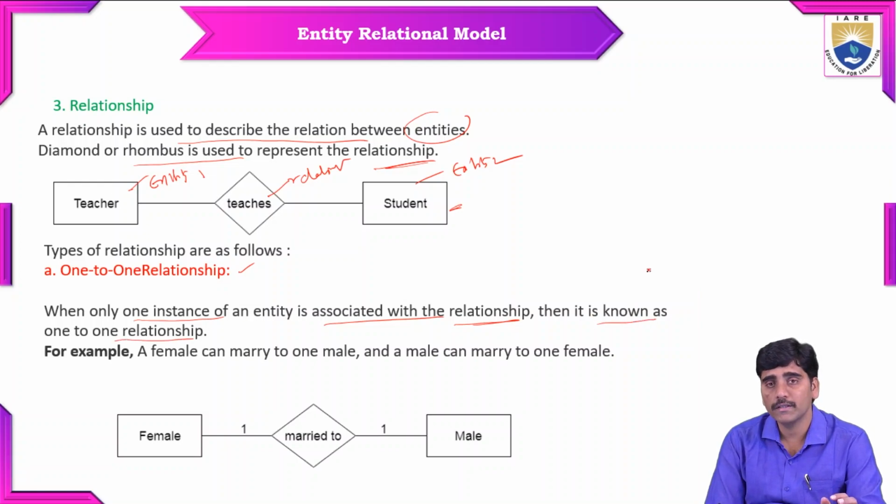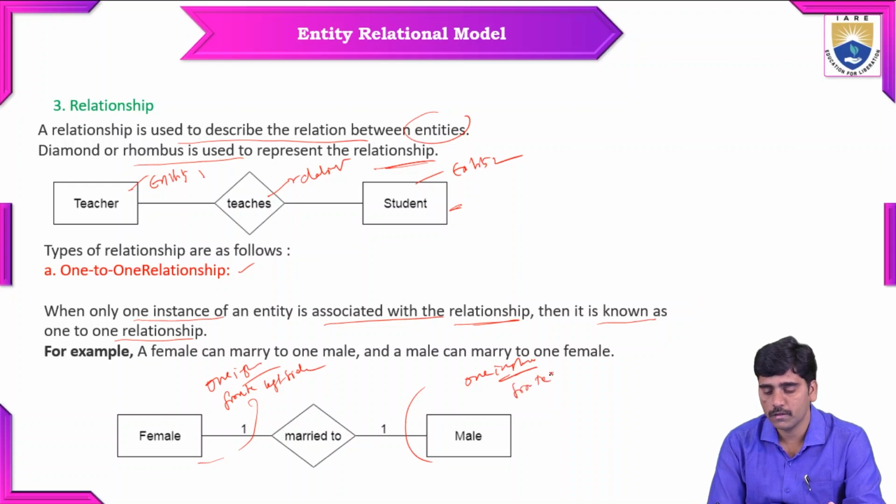So only one instance from the left side and only one instance from the right side are associated with the relationship. Then it is called a one-to-one relationship.